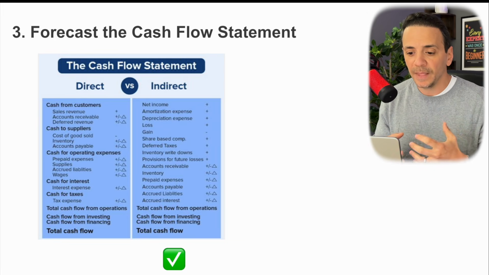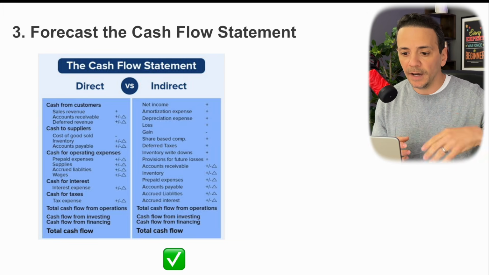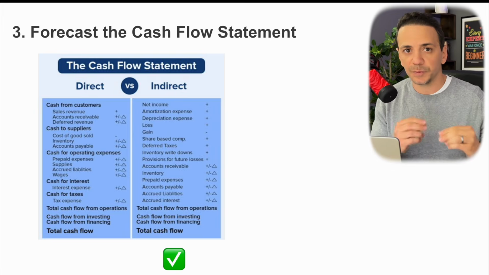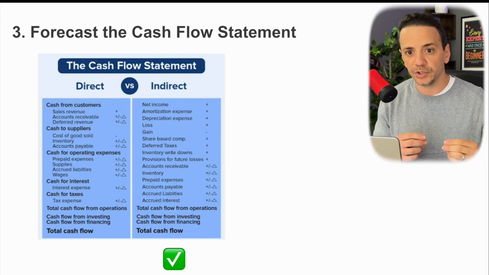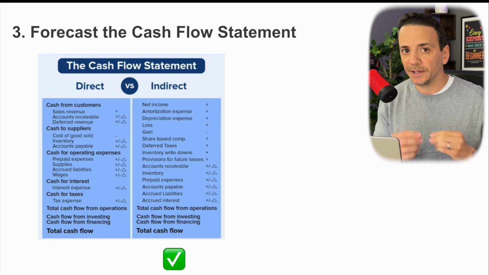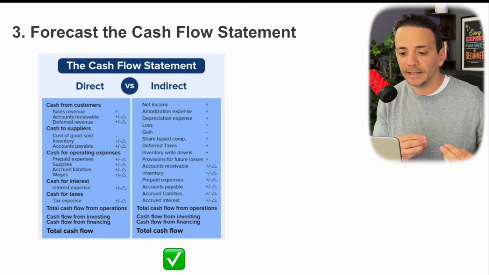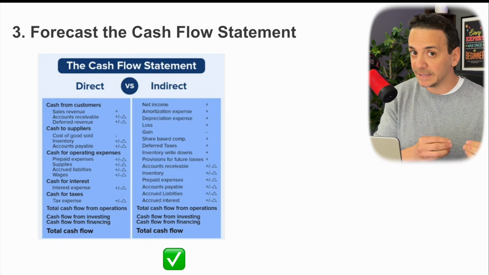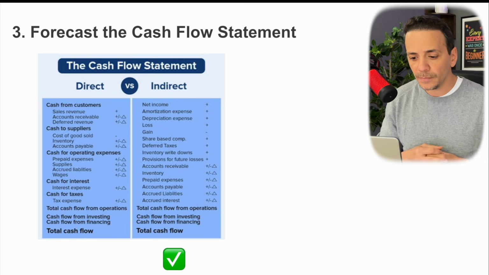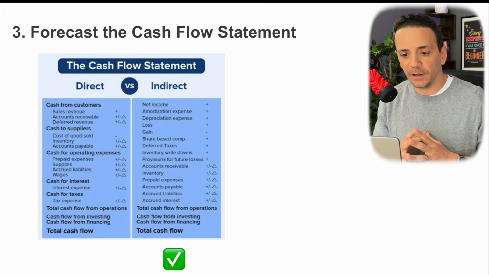This one takes net income and then adjusts for non-cash expenses like depreciation, amortization, and changes in the various balance sheet accounts, arrives at cash from operations, and then adds in cash from investing and financing activities. That's the method we are using in this forecast.